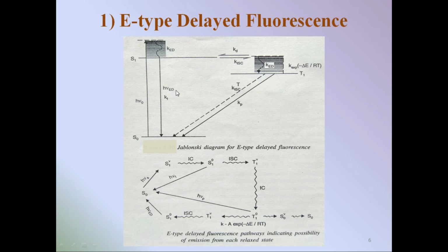E-type delayed fluorescence. The energies of the quanta of prompt fluorescence, phosphorescence and delayed fluorescence are h nu f, h nu p and h nu ed respectively. Ed stands for E-type delayed fluorescence. Although h nu f is equal to h nu ed, the lifetime of delayed fluorescence matches the lifetime of triplet decay.